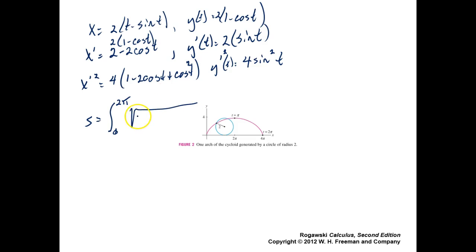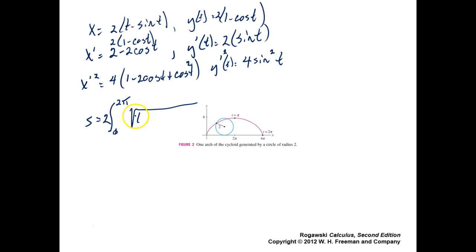The square root of your x prime squared plus y prime squared, which, notice, is a 4 and a 4. Every term has a 4. So take out the square root of 4 and you get a 2. So let's put the 2 on the outside. Are you okay with that? Because the square root of 4 is a 2. So it just leaves what's in here.